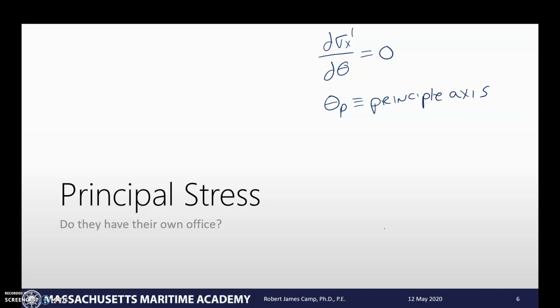And that's going to give us our principal stresses, because along those principal axes we're going to have stresses that are maximized. I've got two different ways that I can solve this. The first way would be to use this equation. I can go back, plug all this stuff in, and generate my principal stress equation and my principal axis equation.